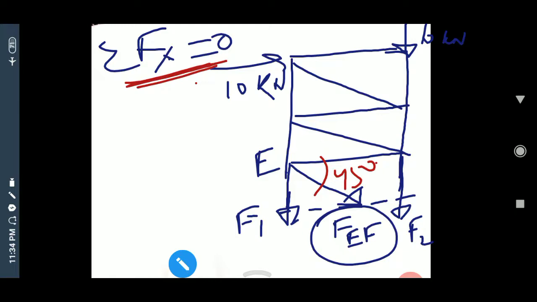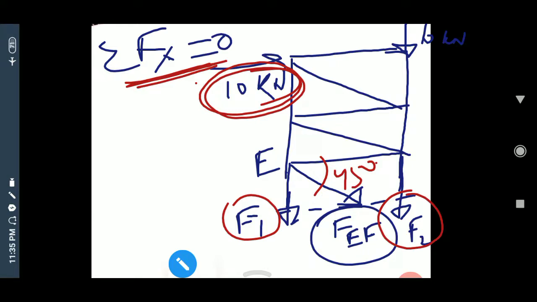Looking at the whole structure, what are the forces acting in x direction? There are 10 kilonewton forces acting in x direction, and F1 and F2 are acting downward, which is in y direction. The force in EF has two components, one in x direction and another in y direction. So for equilibrium in x direction, we will take only the component in x direction.